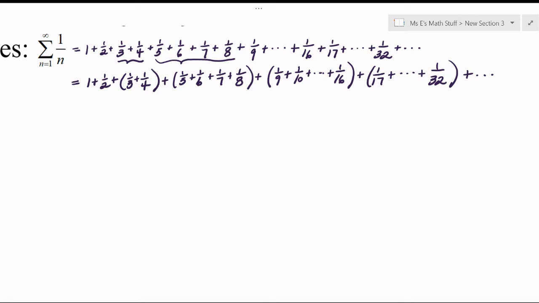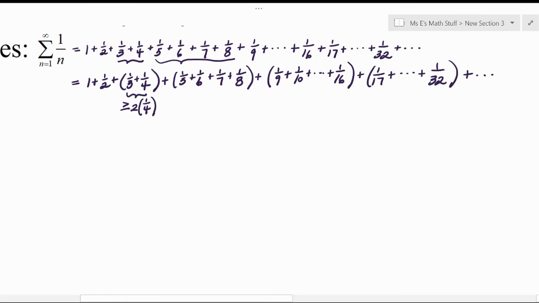So for the next step, I want you to note that both 1/3 and 1/4 are greater than or equal to 1/4. I'm going to say that again. Both 1/3 and 1/4 are greater than or equal to 1/4, which means that when you add them together, you're going to get something that's greater than or equal to 2 times 1/4, or 1/2.